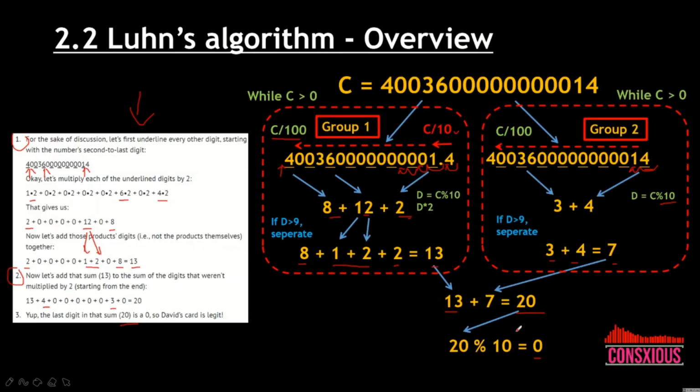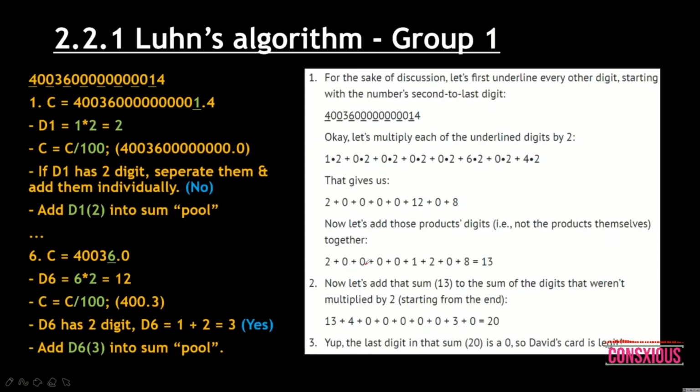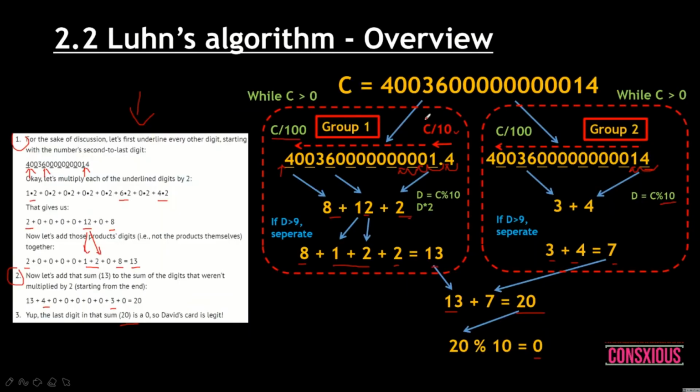Once we understand this figure here, we can roughly construct the code for this program in these sections. So roughly we write something like this for group number 1. First we shift the decimal, which is this one.